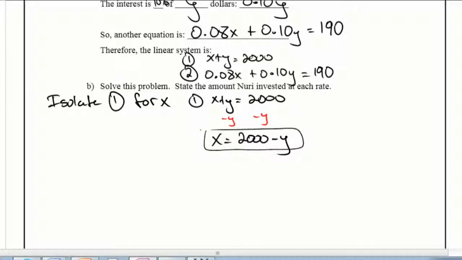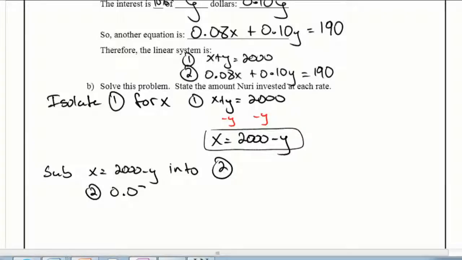All right, so I've figured out what my x is equal to. Now from there, I am going to just continue the process that we've been doing. So we're going to substitute x is 2,000 minus y into the second equation. To jog your memory, the second equation was 0.08x plus 0.10y is equal to 190.